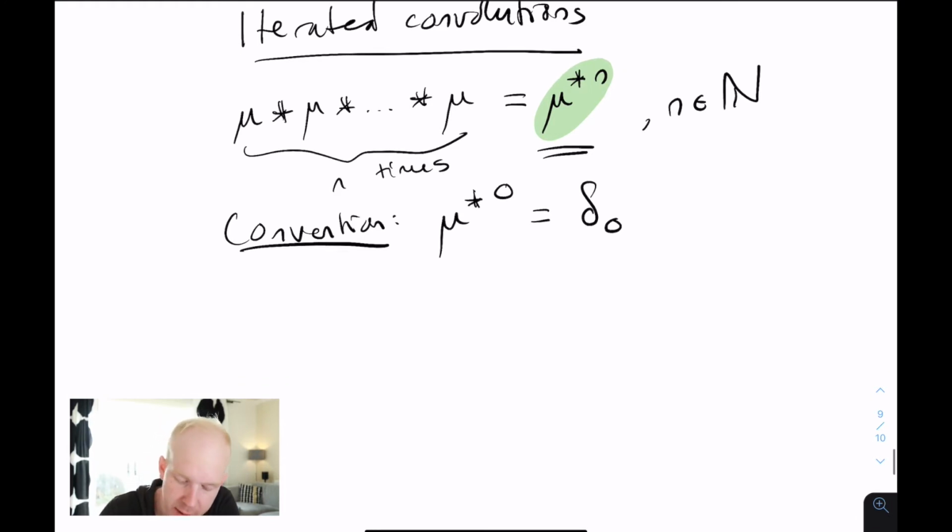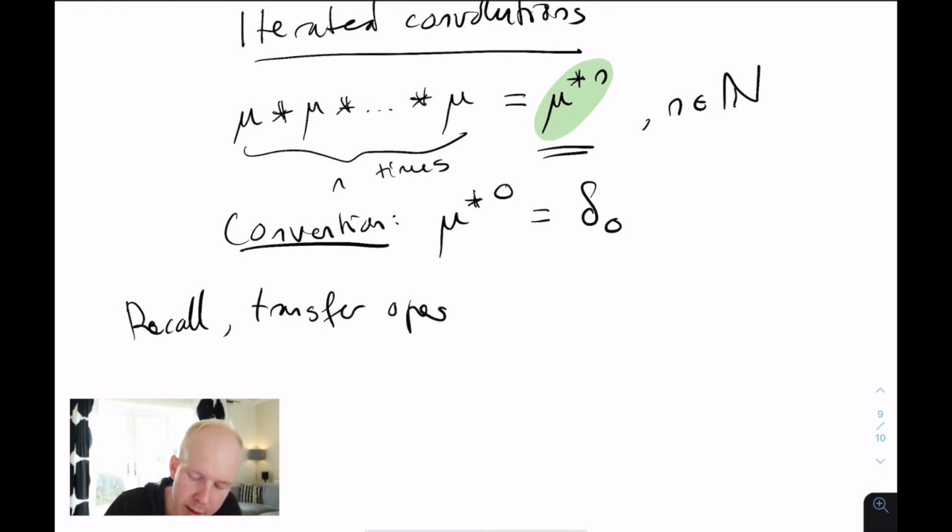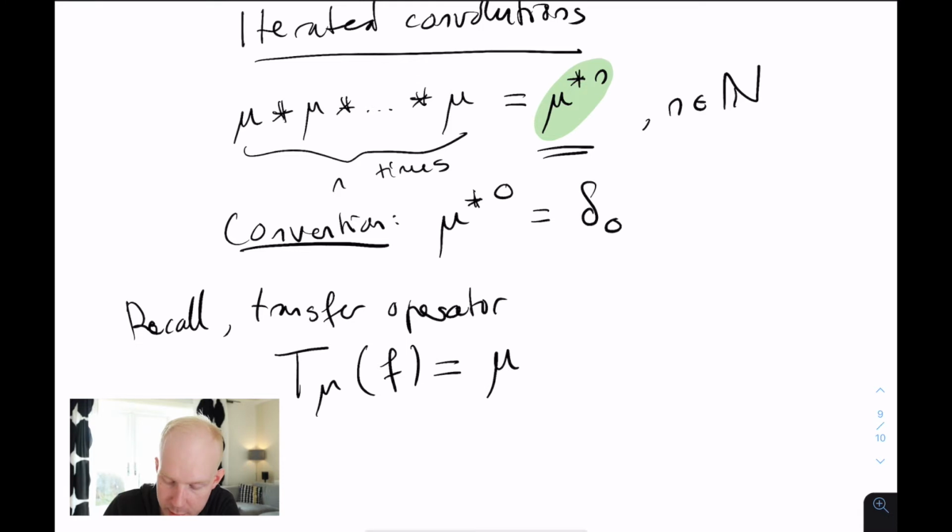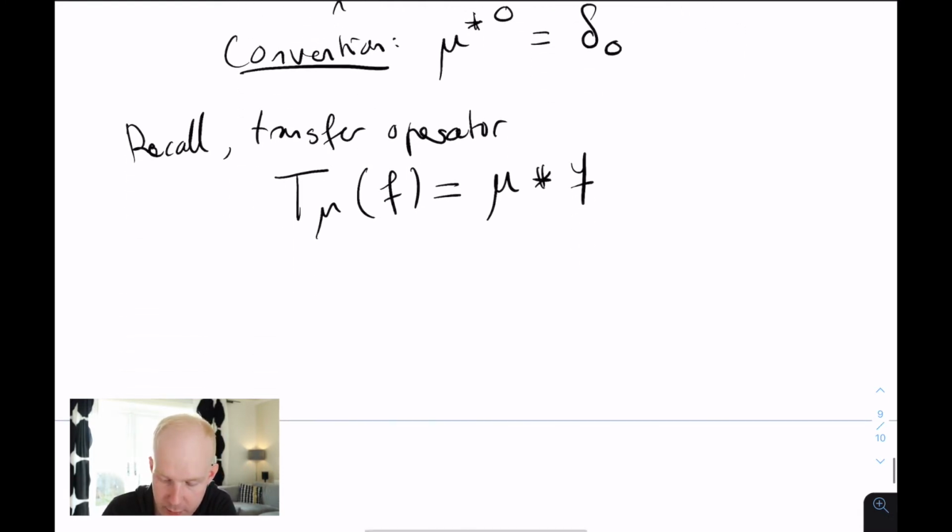And so if you now do this kind of definition of the convolution, you can then, if you remember, recall the transfer operator. I think we use this notation T mu, and if we applied it to a function, we had this idea that it's just mu convolution with f. That's how we defined it.